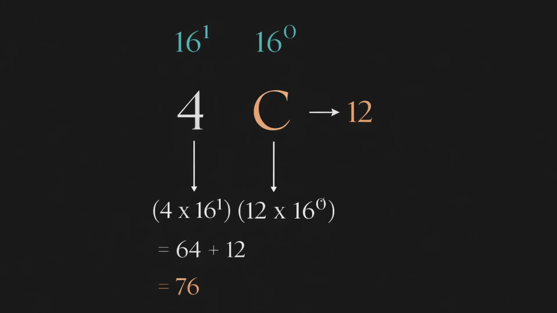Now just like before, we assign powers from right to left, and we end up with an equation 4 into 16 to the power 1 plus C into 16 to the power 0. But remember, C represents 12, so this becomes 4 into 16 plus 12 into 1, which is 64 plus 12, and finally we get 76. So 4C in hexadecimal is equal to 76 in decimal.